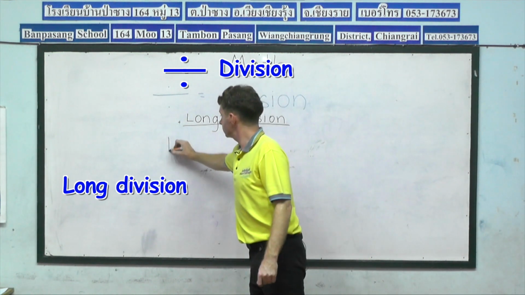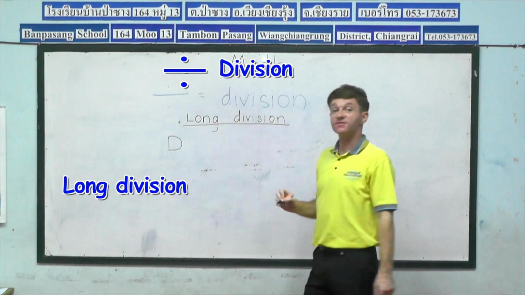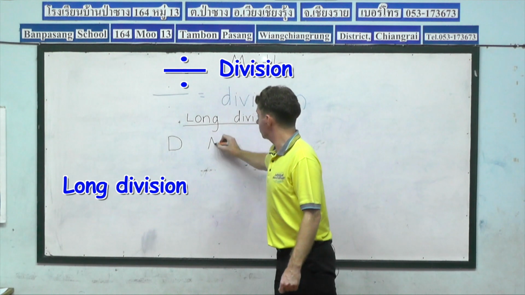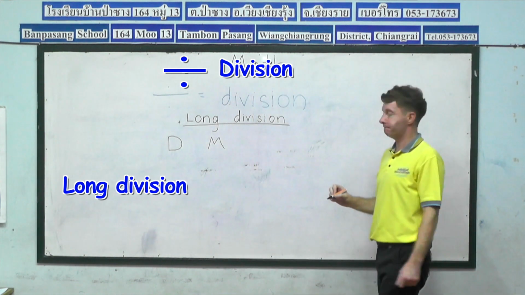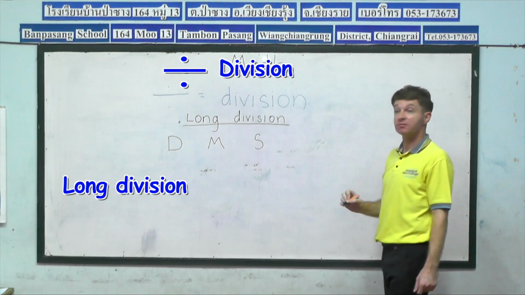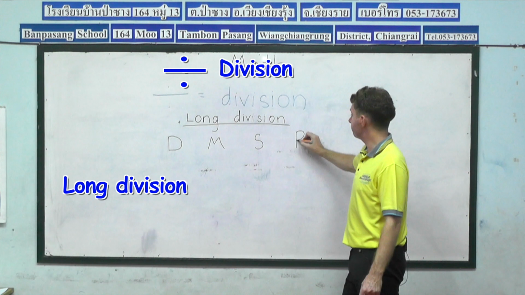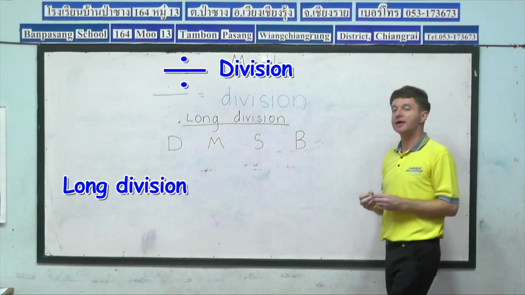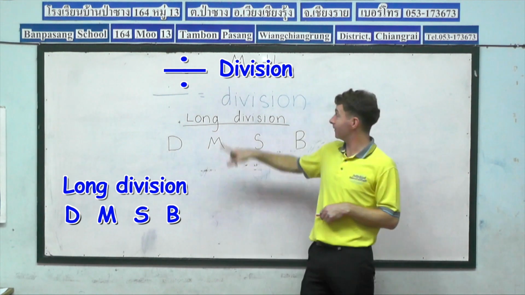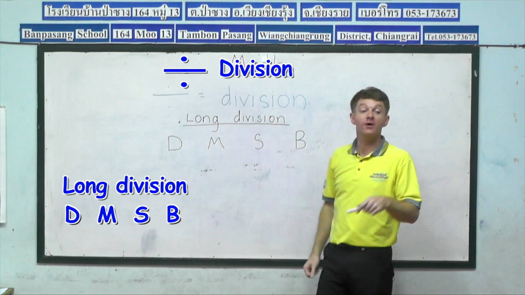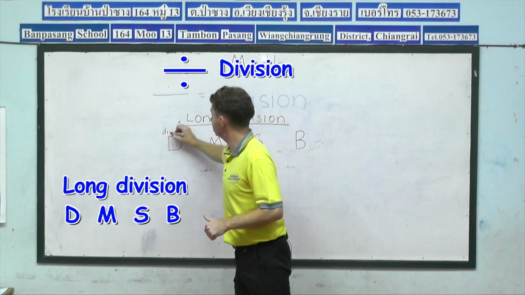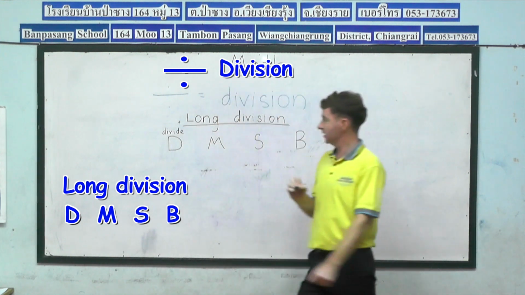The first one, D. Second one, M. Third, S. And the fourth and final one, B. Now let's see who can guess. Thinking about mathematics, what does the D stand for? Division or divide. Okay, so let's write divide. D-I-V-I-D-E. Divide.